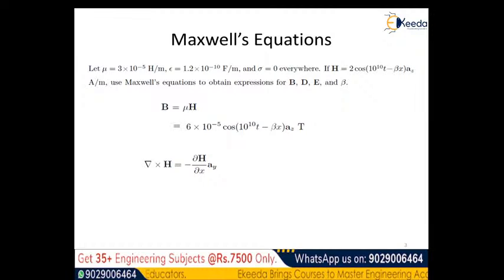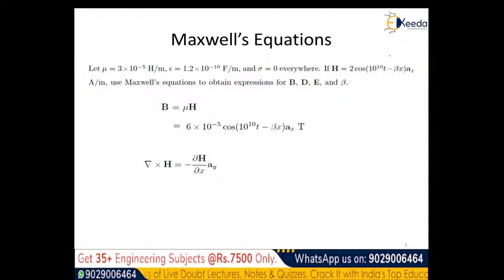With respect to the rectangular coordinate system, we can express this as, given H is having only one component that we can regard to be Hz here. So here we have the formulation minus del x capital H into Ay.